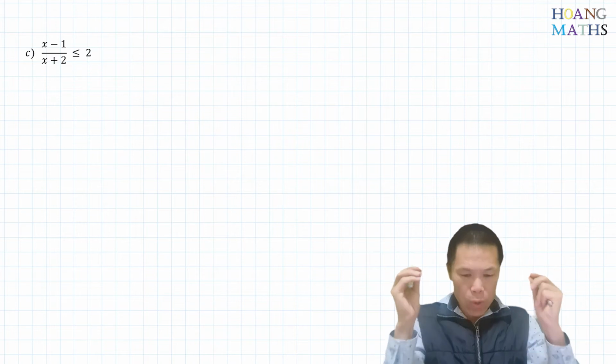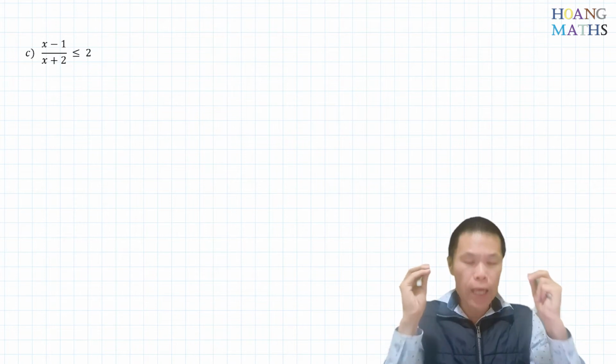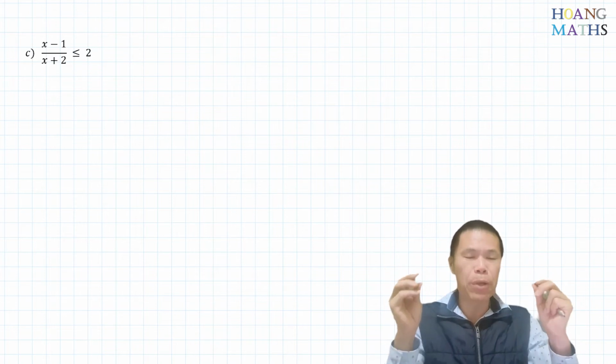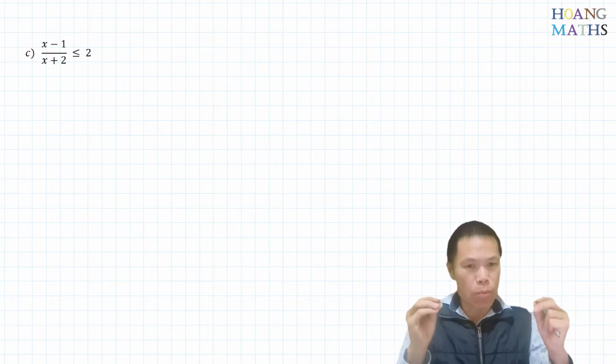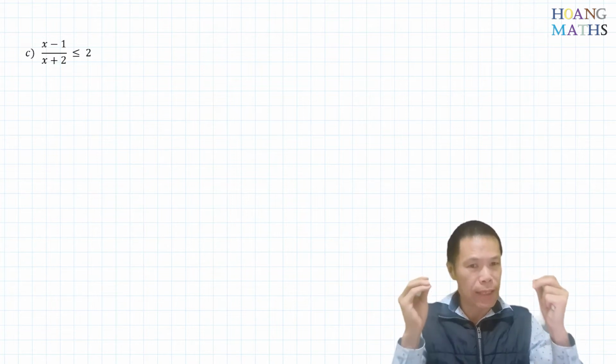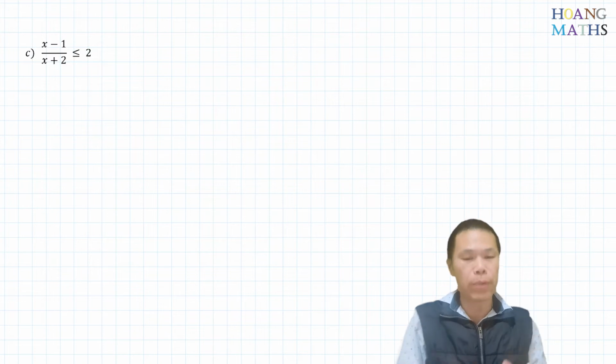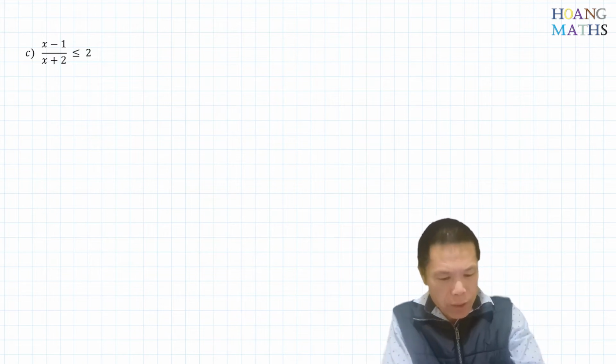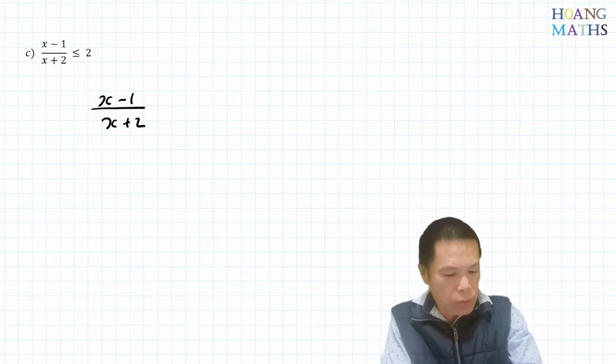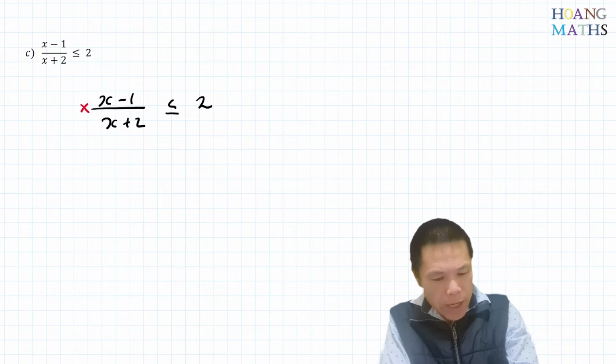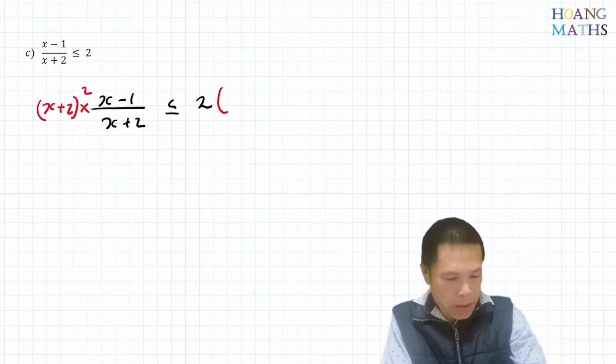Third one. So what I do, I just times x plus 2 squared, okay? Because we need to times the denominator squared, otherwise you miss out one solution. Just keep that in mind for me. So let me write the question out first. x minus 1 over x plus 2 less than or equal to 2, and I times the denominator squared, so x plus 2 squared on both sides.